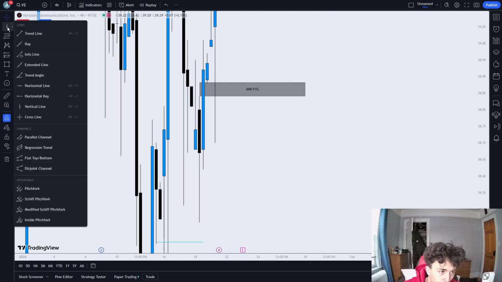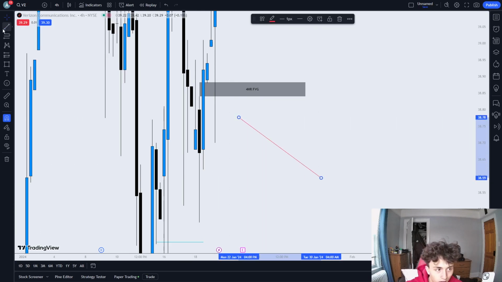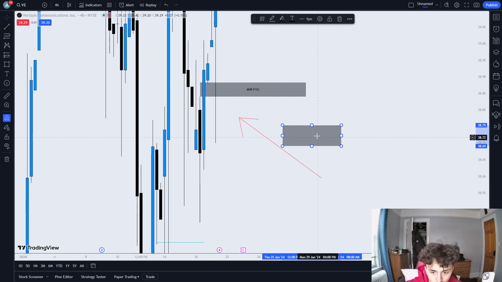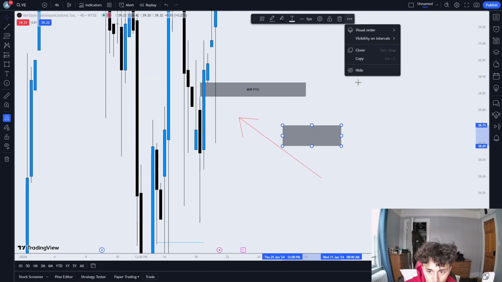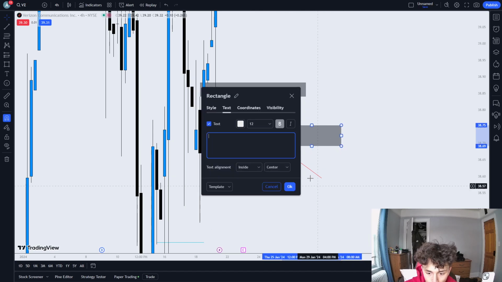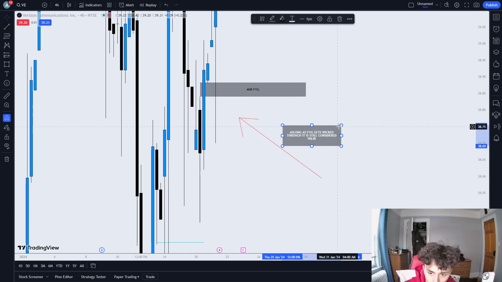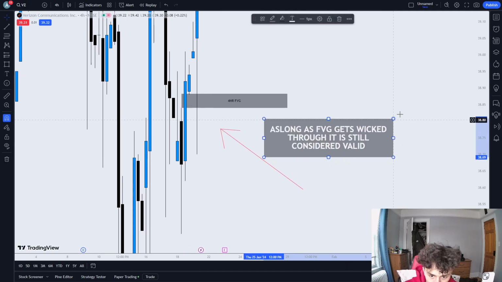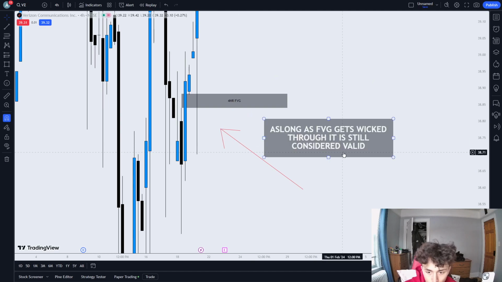So we could say here, as you could see, as long as an FVG gets wicked through, it is still considered valid.